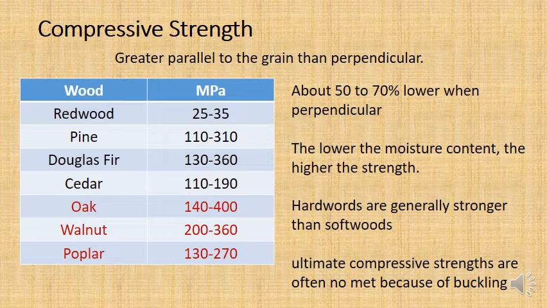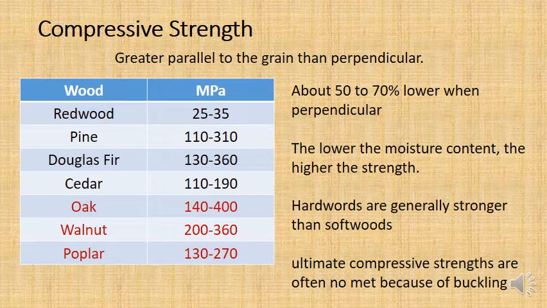But here with compressive strength, you're going to get around 50 to 70% strength if you go perpendicular rather than parallel. So it's still quite a significant reduction, and you've got to pay attention to the direction of the grains, but it's not as critical as if it was tensile.